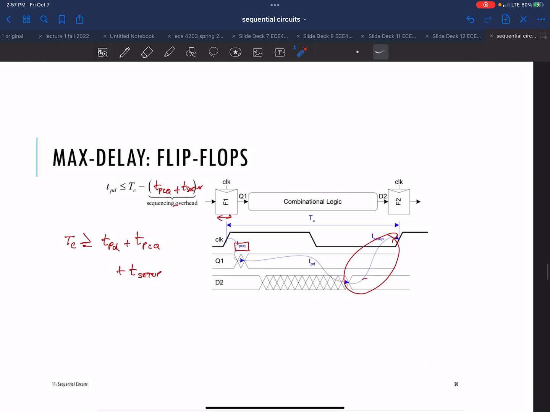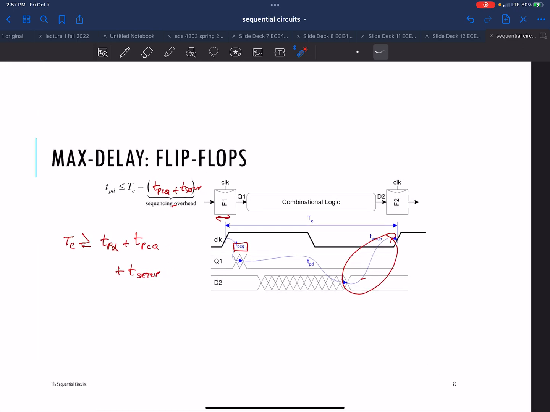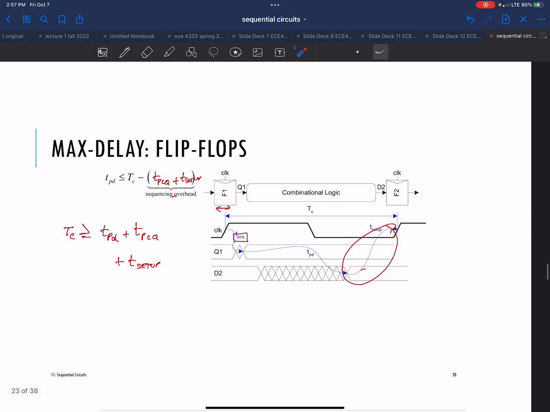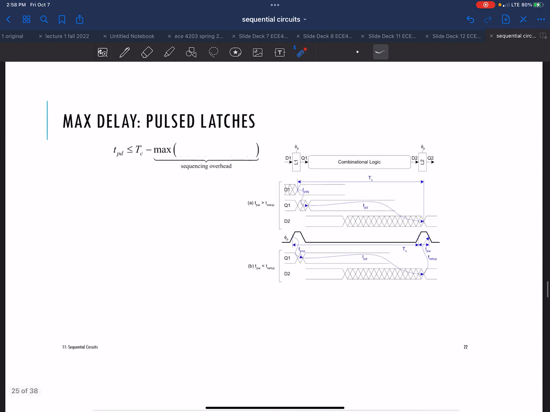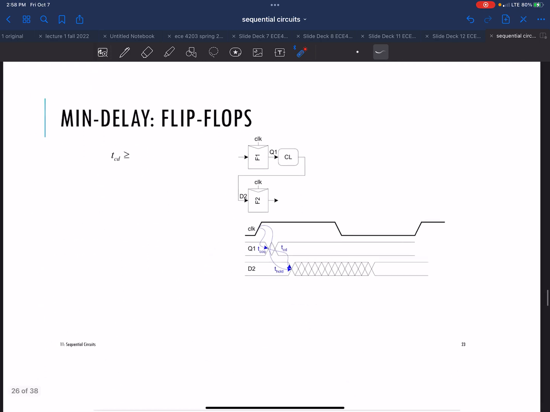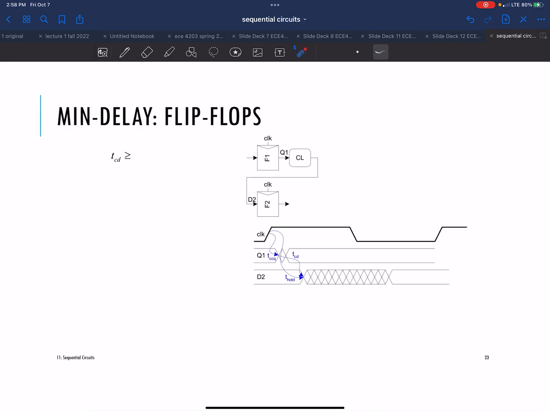Again, I'm emphasizing because there's a punchline coming here, going back to Francis's question: if this is the second worst case situation, what is the first worst case situation? The first worst case situation, I'm going to go over to here, is called a hold time violation.